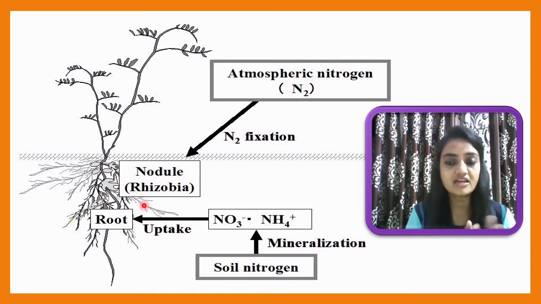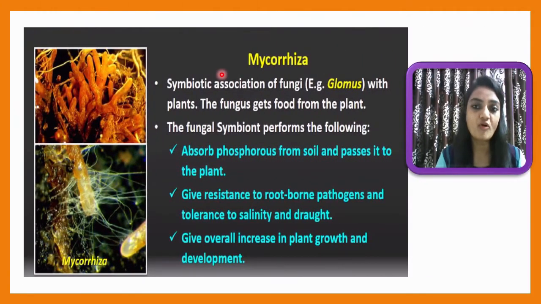The second important symbiotic association is mycorrhiza. So what is mycorrhiza? Let me try to explain. That is also a symbiotic association, so two organisms participate. The first is a fungus, glomus, and the second is the plant. The symbiotic association is between the fungus and the plant, especially the plant root.